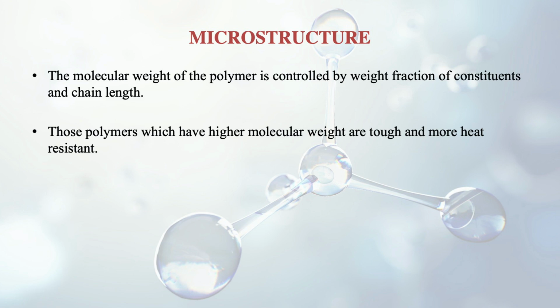These are the two factors which control the molecular weight of the polymer. Those polymers which have higher molecular weight will be tough and more heat resistant, so they will be better if they have more molecular weight. Low density polymers will be soft and gummy. They will be like gum, they can stick.